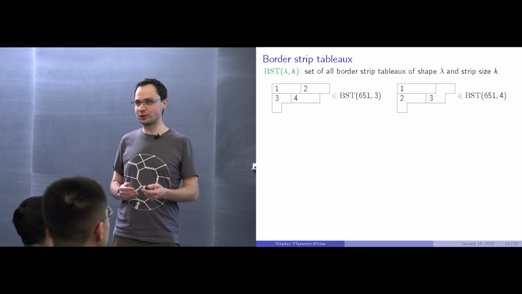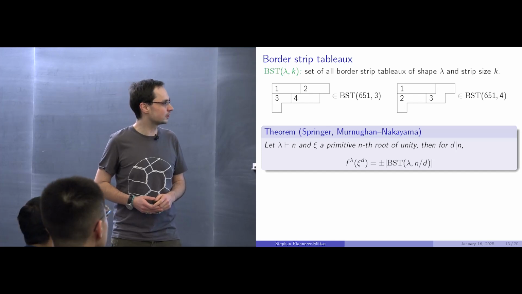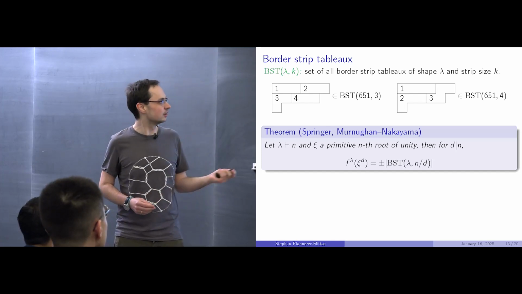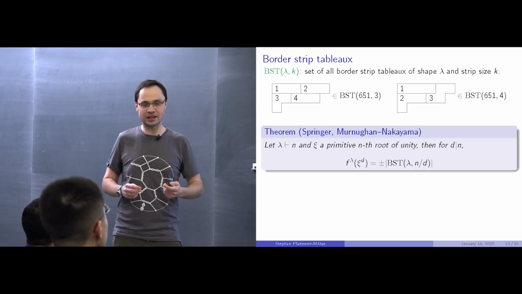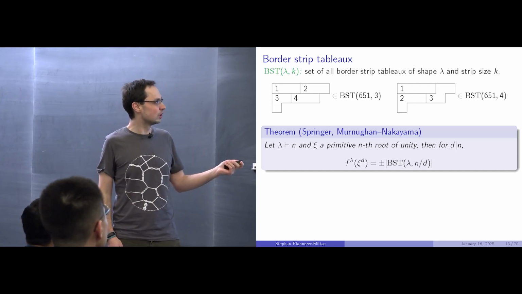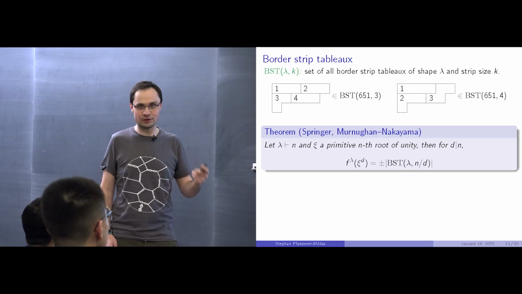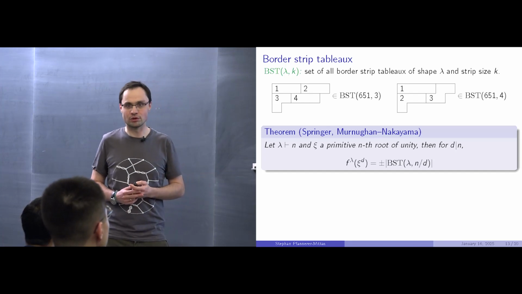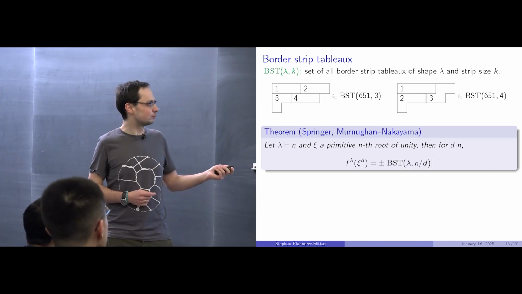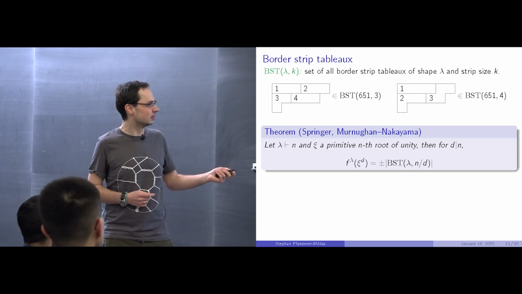And why are these border strip tableaux really cool? Because of a result by Springer and the Murnaghan-Nakayama rule, which basically tells you if you take your f lambda and evaluate it at the dth power of an nth primitive root of unity, you get up to sign the number of border strip tableaux of shape lambda with the strip size coming from n divided by d.